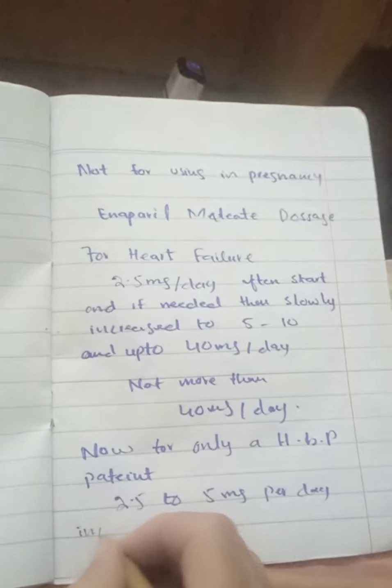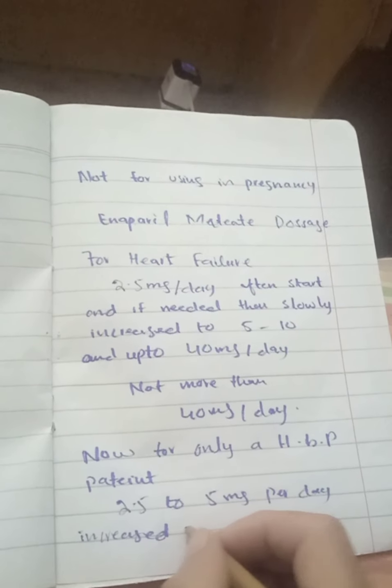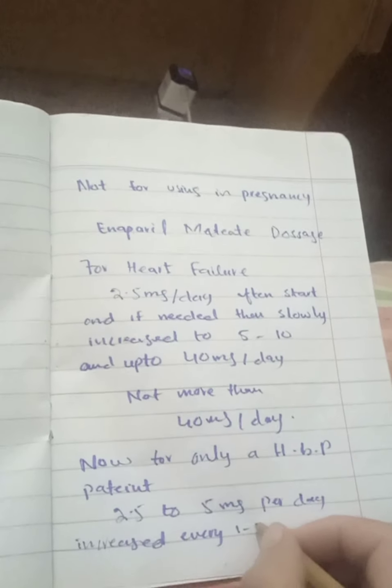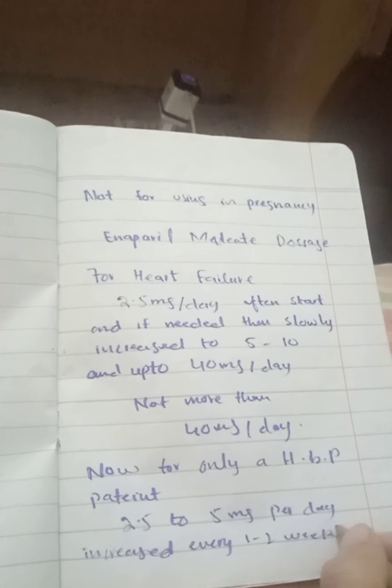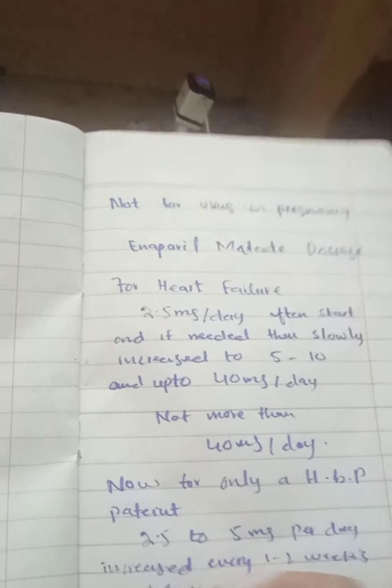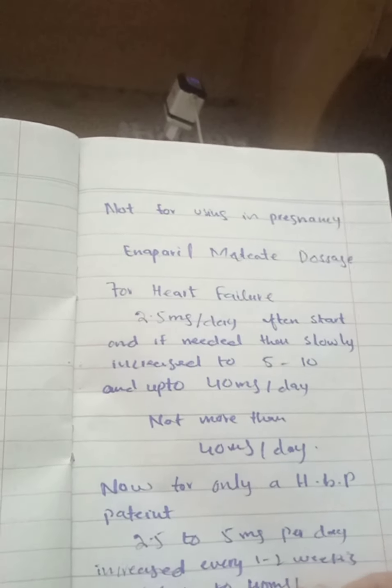For a high blood pressure patient, again the 2.5 mg per day should be started and can be increased slowly up to 40 mg per day. Don't take more than 40 mg per day.